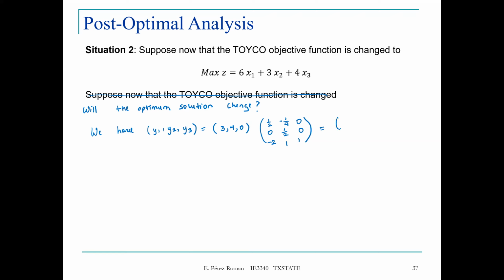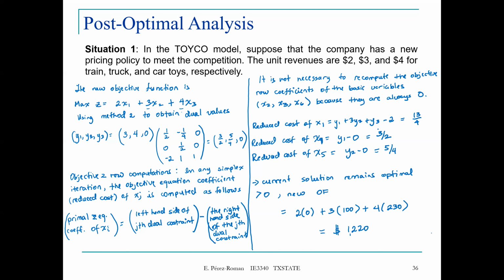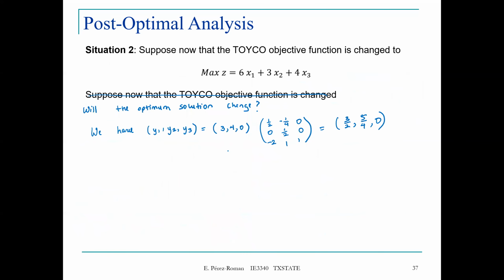And this is equal to 3/2, 5/4, and 0. So we have the same solution for the dual variables: 3/2, 5/4, and 0.